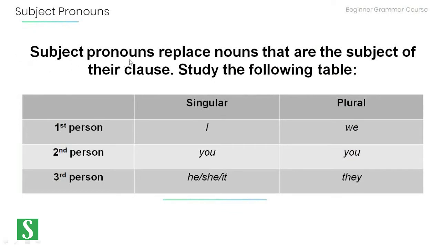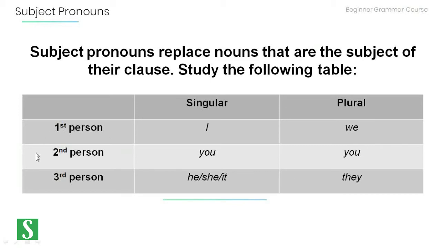Note that subject pronouns replace nouns that are the subject of their clause. Have a look at the table below. When we talk about the first person, in its singular form, we use I. In plural, we.